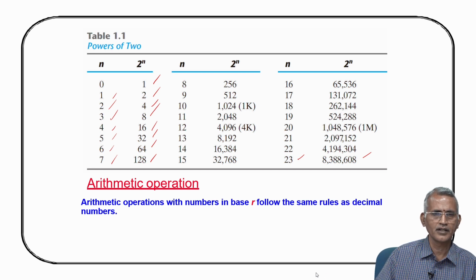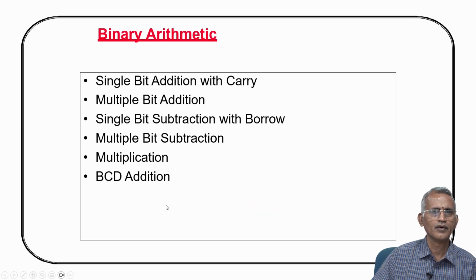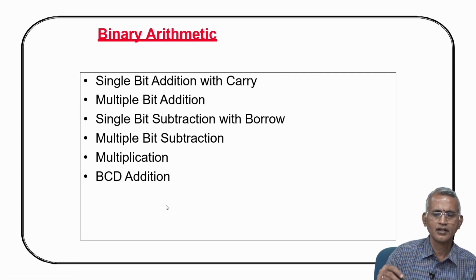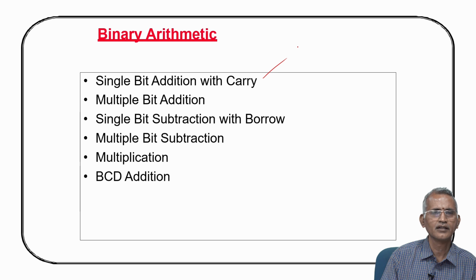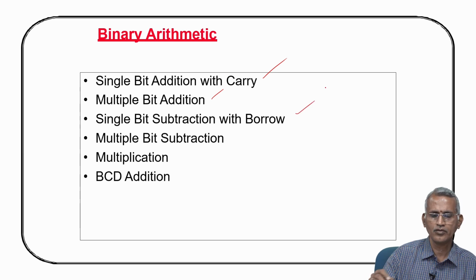Arithmetic operations with binary numbers follow the same rules as decimal numbers. Binary arithmetic is based on single bit addition with carry, multiple bit addition, single bit subtraction with borrow, multiple bit subtraction, multiplication, and BCD code addition.